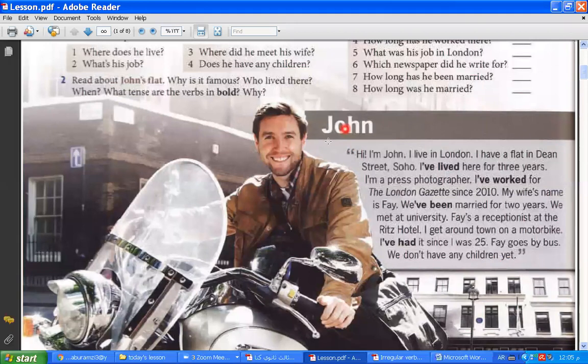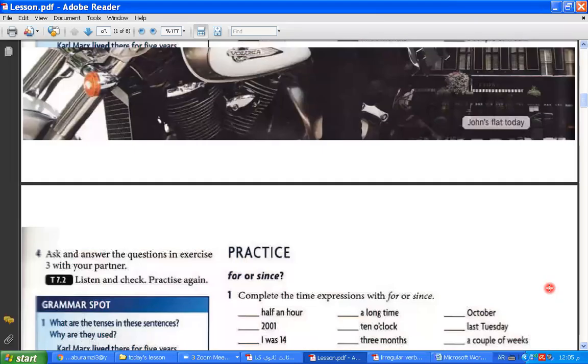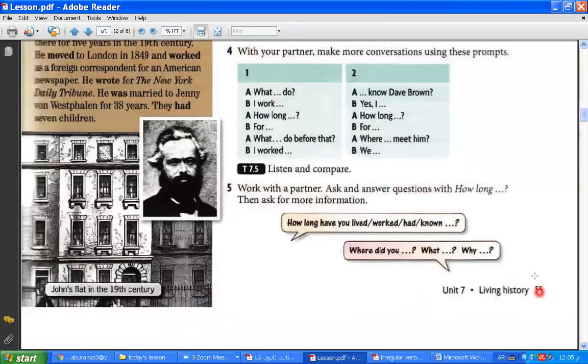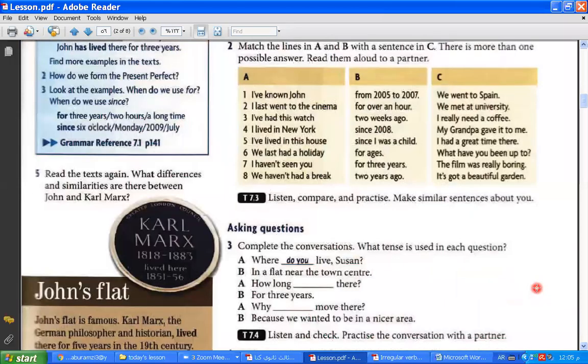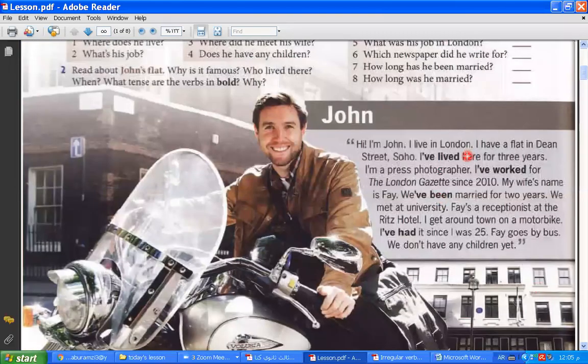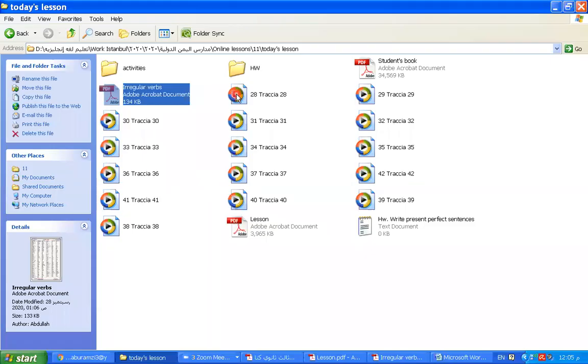We will listen to something about John. Please, have your books with you so you can follow me. Your books, page 54, 55, and this is 54. Please listen about John, and you will see some information about him. Are you ready to listen?